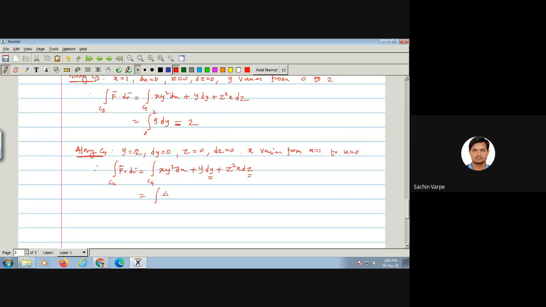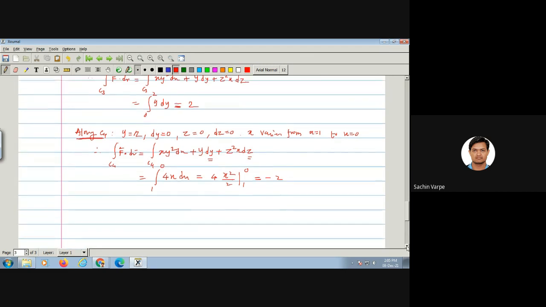So the integration of 4x dx, and x varies from 1 to 0. So how much will this be? 4x square by 2 from 1 to 0. So that is minus 2. Right? It will be minus 2, isn't it? Yes, sir. Because when we substitute the upper and lower limits, that will be minus half, so that will be minus 2.